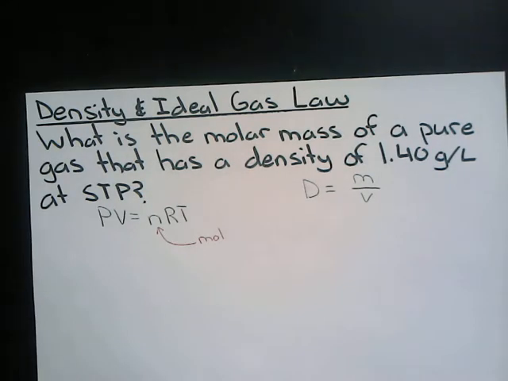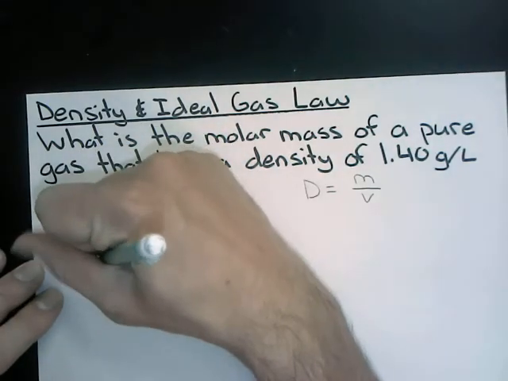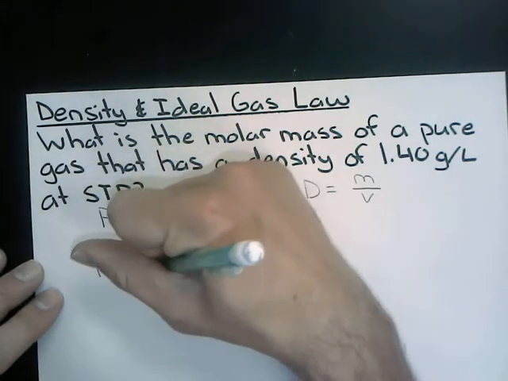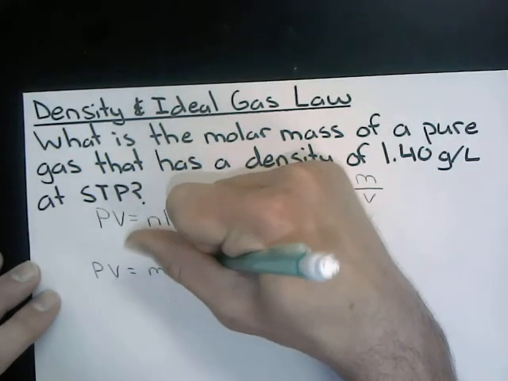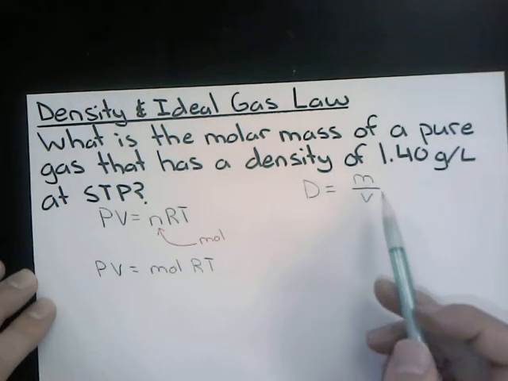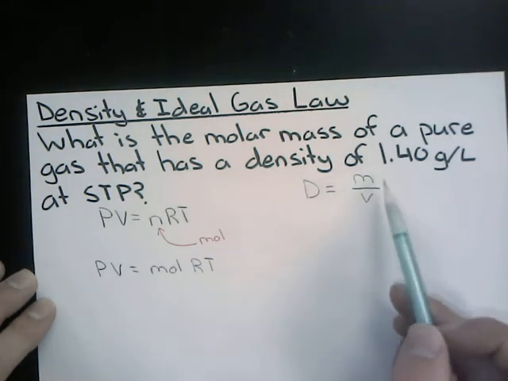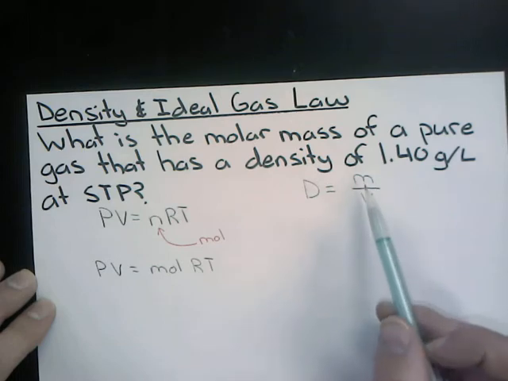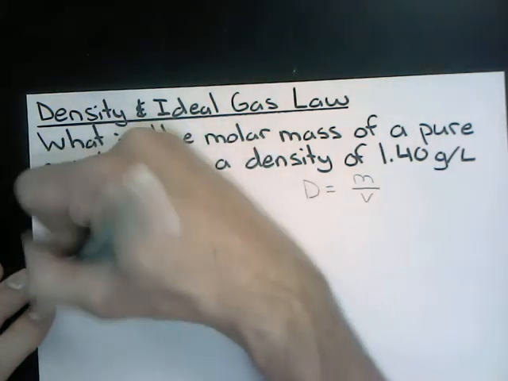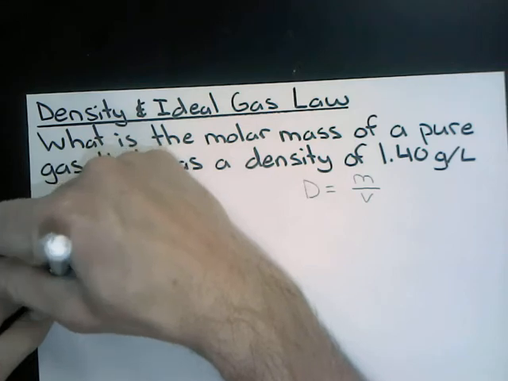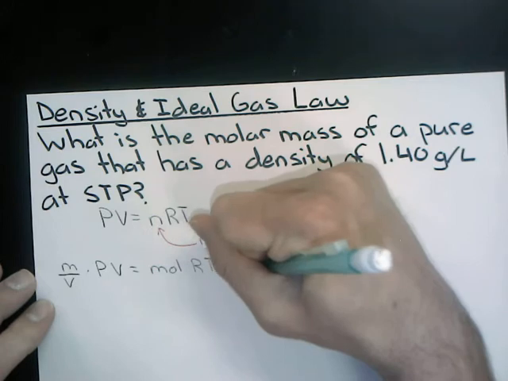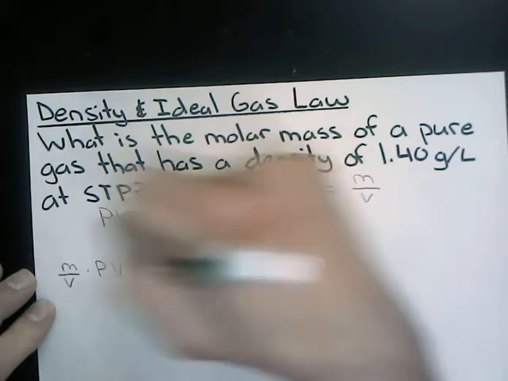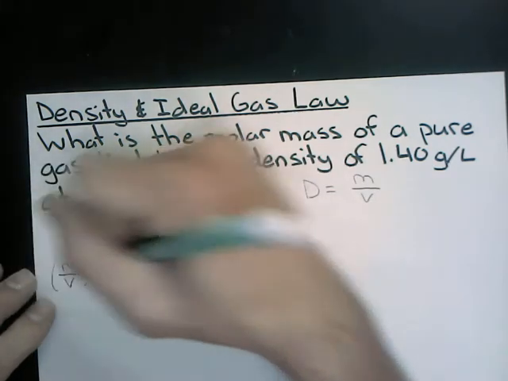And so when we do this, we're going to have P times V equals moles times our RT. Okay? Now, I'm going to multiply each side by our density, which is mass divided by volume. So again, I'm just going to say mass divided by volume, mass divided by volume. I essentially tacked this in, similar to how we would do this with algebra.